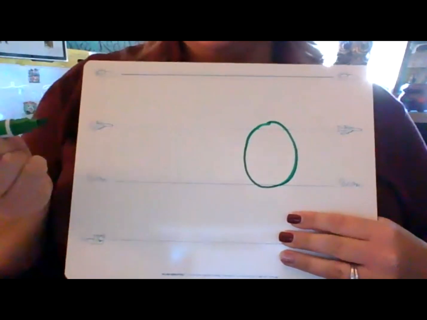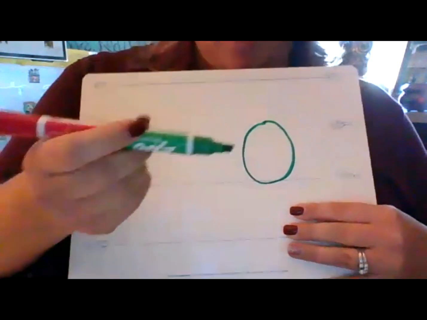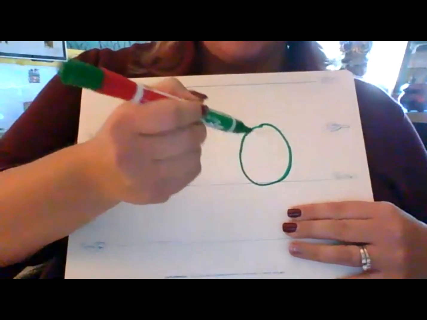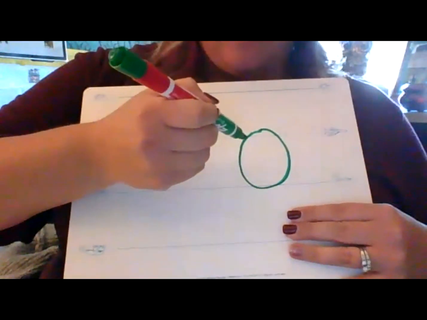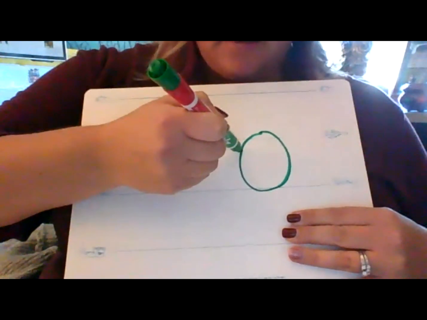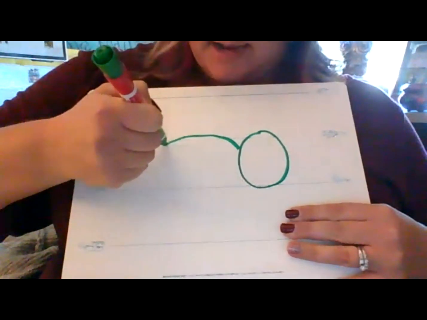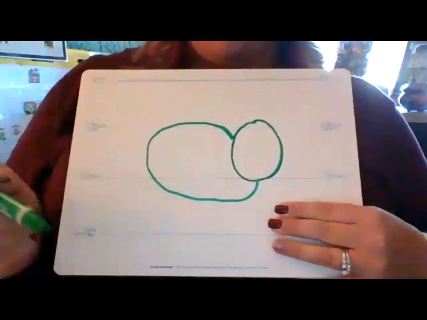And our kitty cat today is going to be laying down. So this part's tricky. You're going to draw the shape of an oval, but watch how I do it. Ready? I'm going to start on the side of the kitty cat's head and go up and down and around and almost under the mouth.